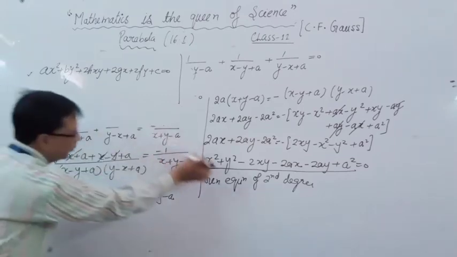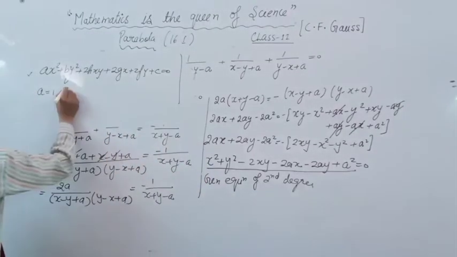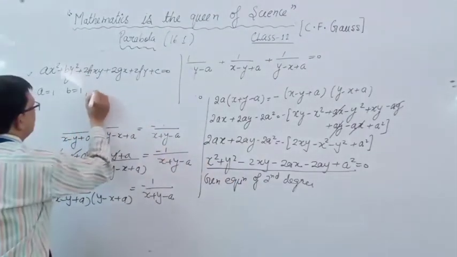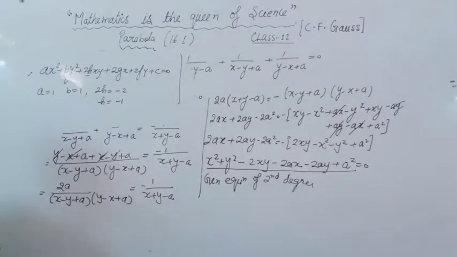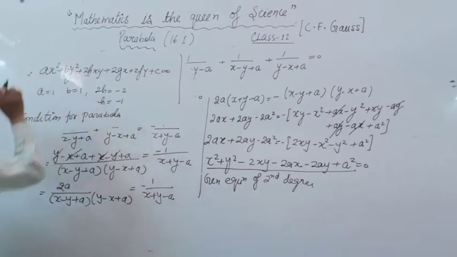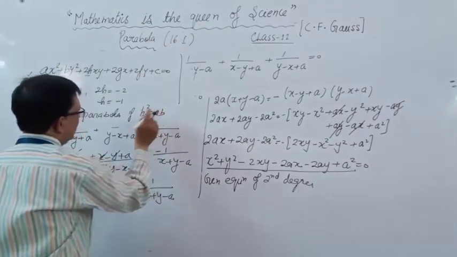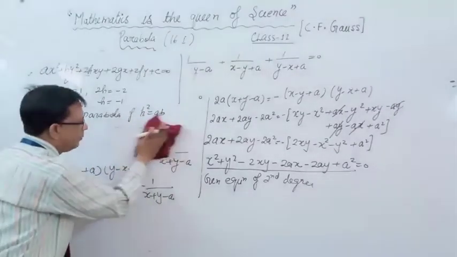Now we compare both equations. So we get a is equal to 1, b is equal to 1, and 2h is equal to minus 2, it means h is equal to minus 1. Condition for parabola: this second degree equation represents a parabola if h square is equal to ab.